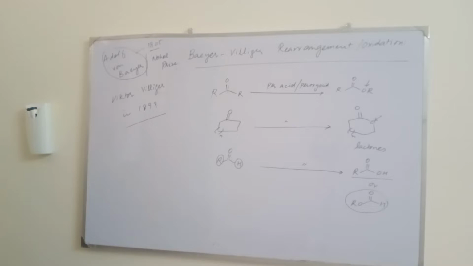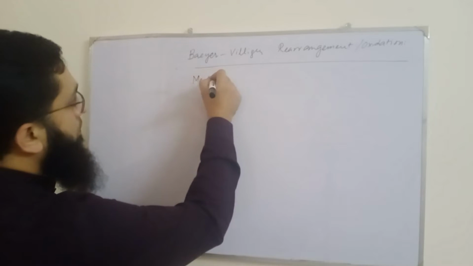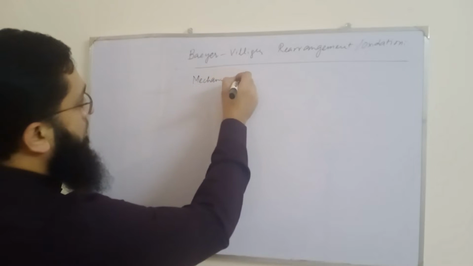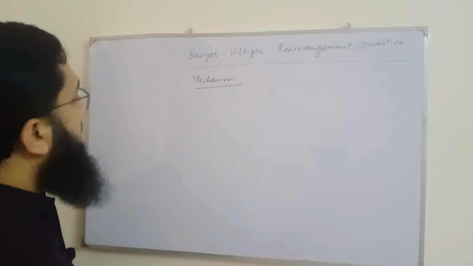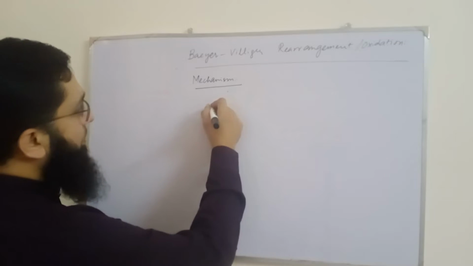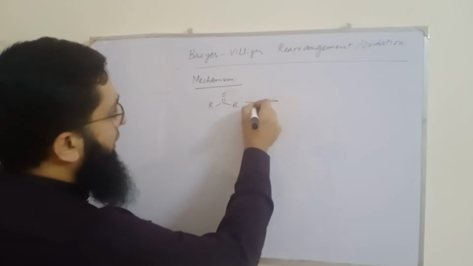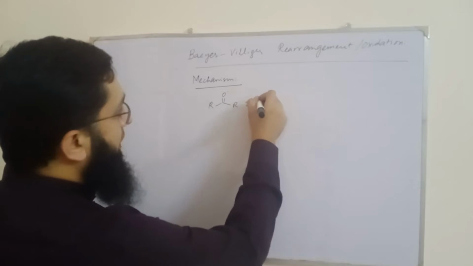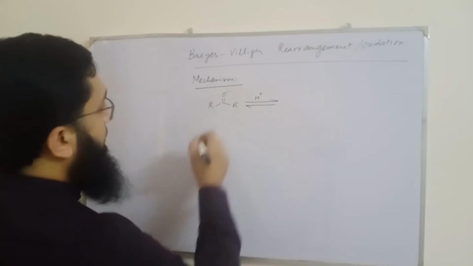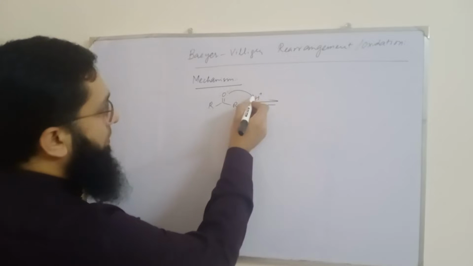So now we see the mechanism of the reaction. Since we are using acid, the ketone would be protonated in the presence of acid H+, and because lone pairs are higher in energy, the lone pair would abstract the proton.